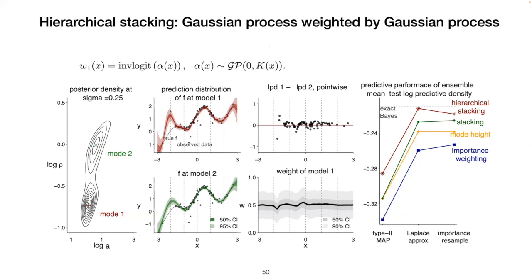For example, in this region one model is better than the other, and here the other model is better. Here, a little bit, yes, because these two models are essentially very close. But in other contexts you might have models with different performance in different regions.